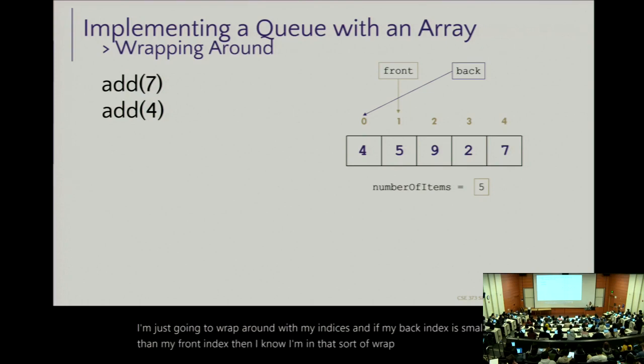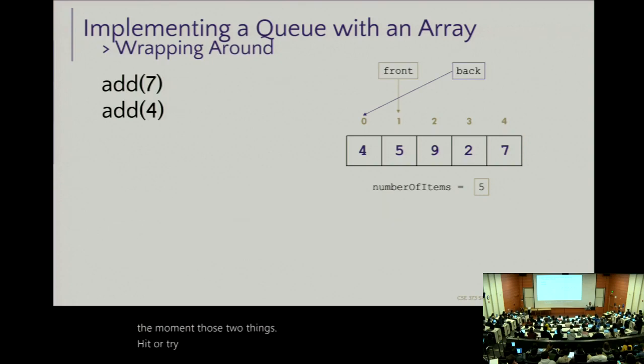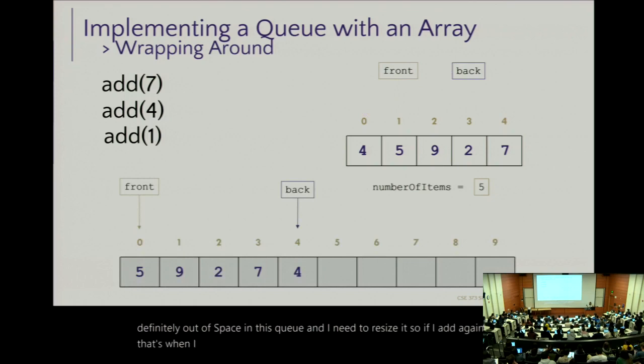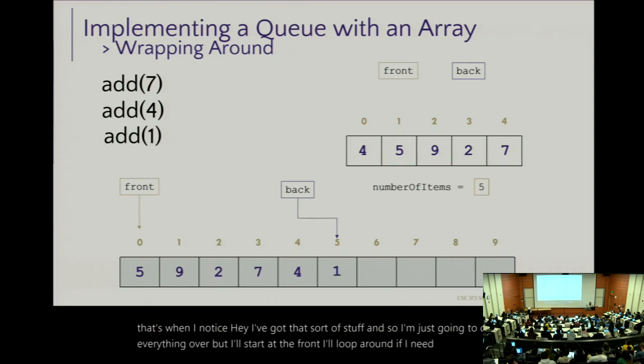And the moment those two things hit or try to overlap with one another, that's the moment that I know, ooh, I am definitely out of space in this queue and I need to resize it. So if I add again, that's when I notice it. And so I'm just going to copy everything over, but I'll start at the front. I'll loop around if I need to. And I add that one.